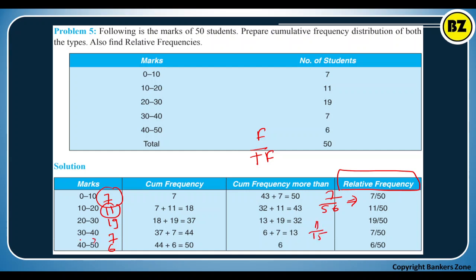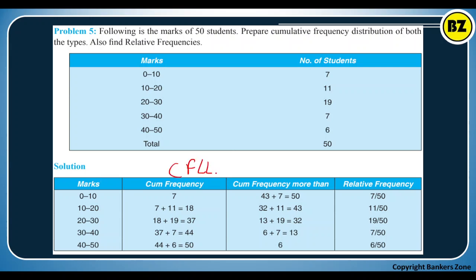For the last interval, 40 to 50, 6 upon 50. So very easy, right? I will not explain it. It is very easy to calculate cumulative frequency, less than or greater than. Relative frequency is simply frequency upon total frequency. You simply have to solve it using the calculator.